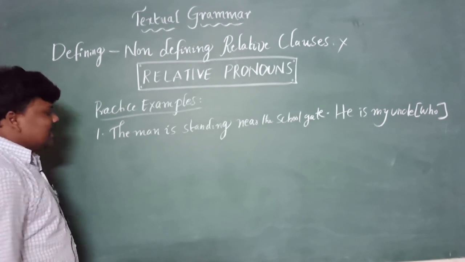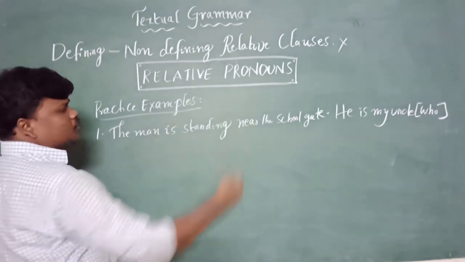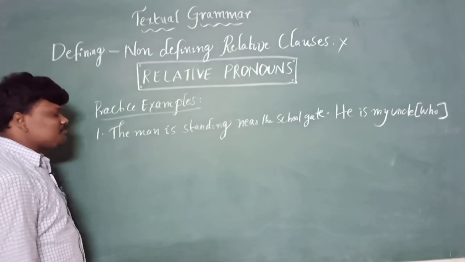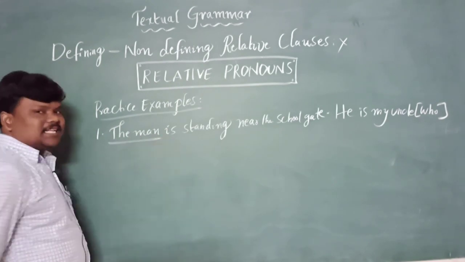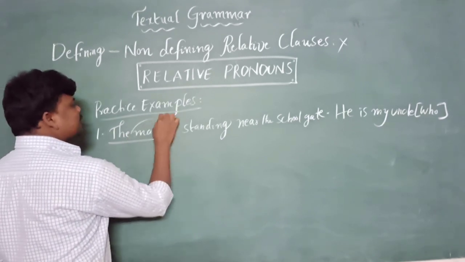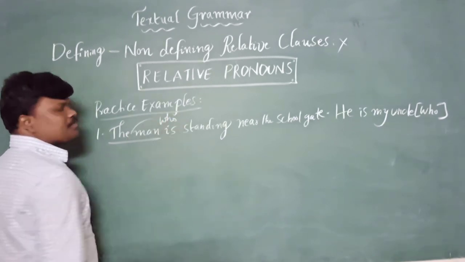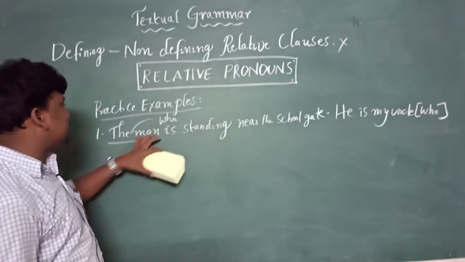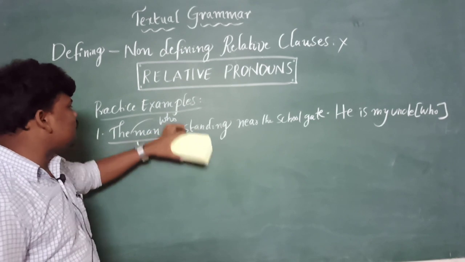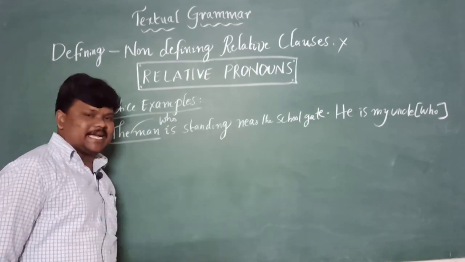And yes, in the first sentence, if it is who, we need to identify the person. Where is the person? The man. The man is the person, and this person immediately follows who. The man who is standing near the school gate.